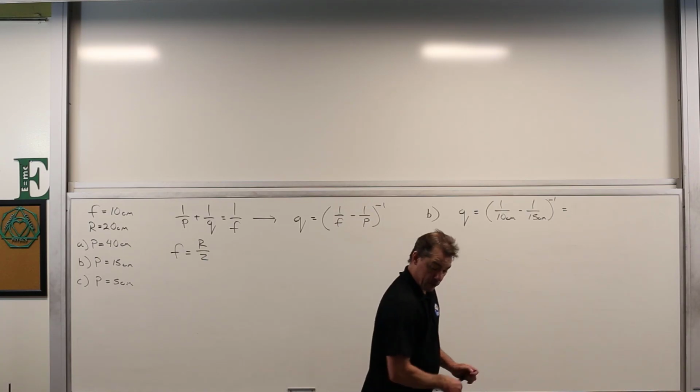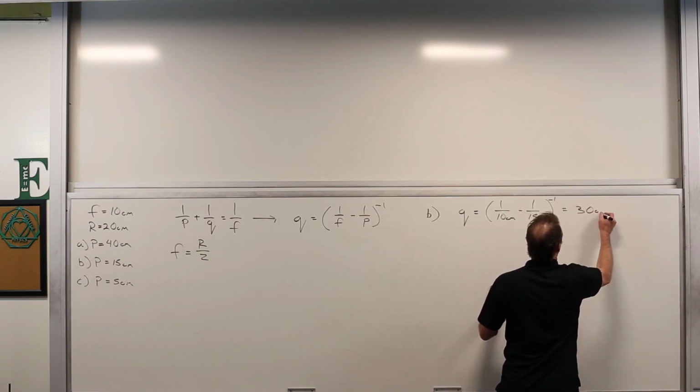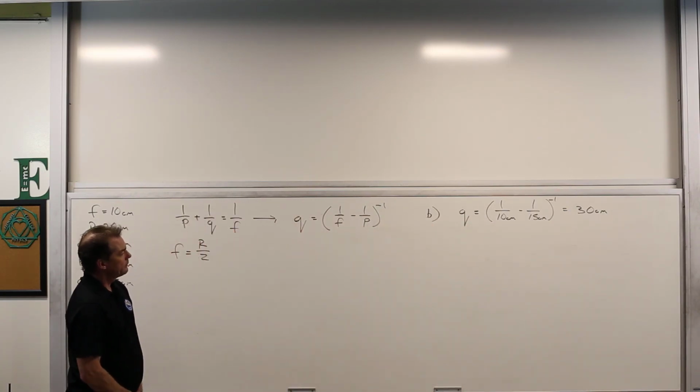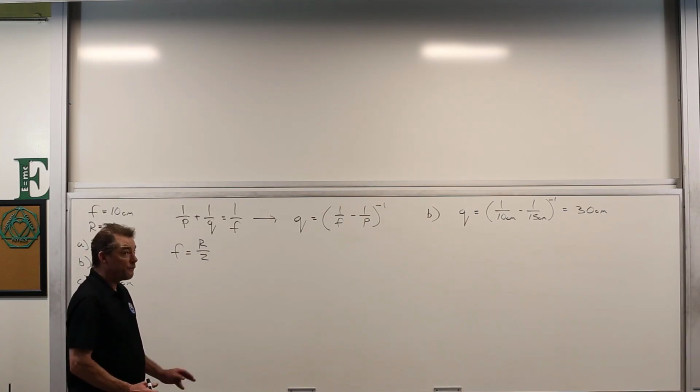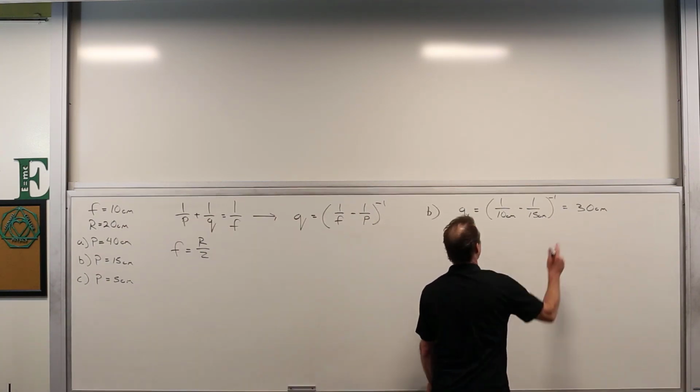Oh, we get ourselves 30 centimeters. So now the image is 30 centimeters away from the mirror, and the object is only 15 centimeters away from the mirror. That's interesting. Image is further away.